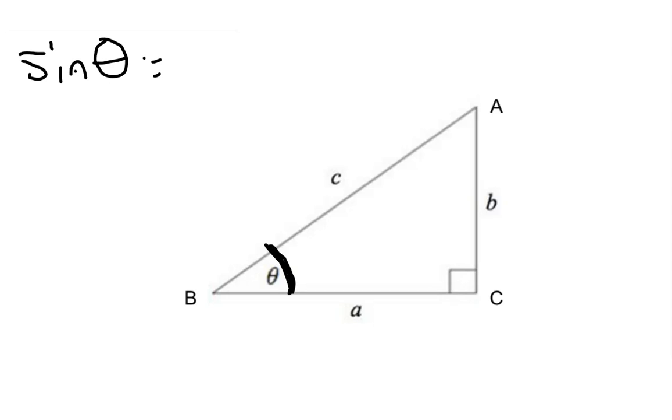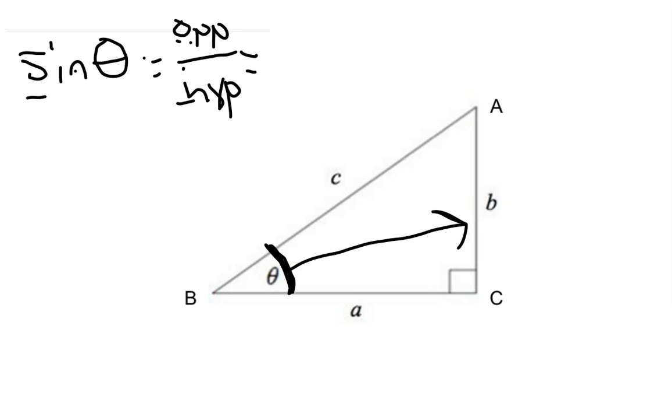Remember, sine is equal to opposite over hypotenuse. So, SOH, sine opposite hypotenuse. If I want to find what the sine of this angle is, it's going to be the opposite over the hypotenuse. So we could just write that as B over C. And it's going to be that simple.